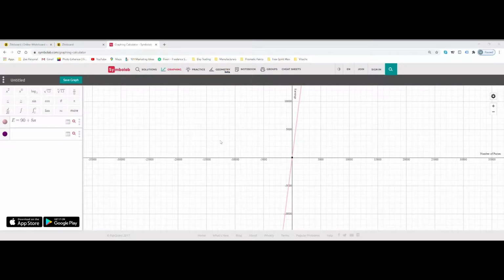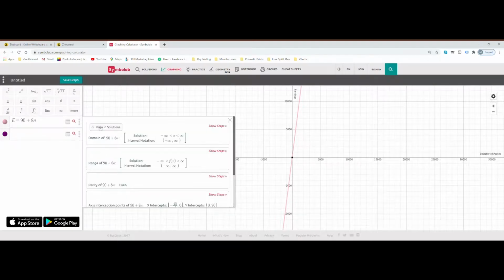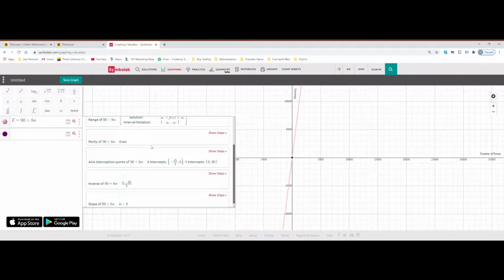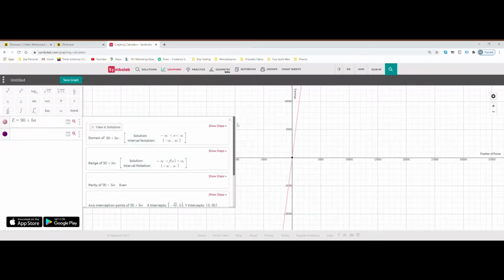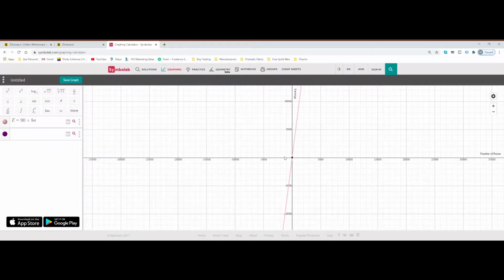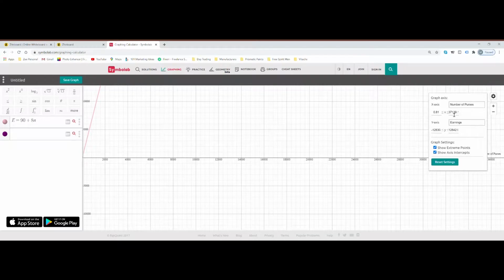So the minimum x value, if we're going to do this from 0 to 30.